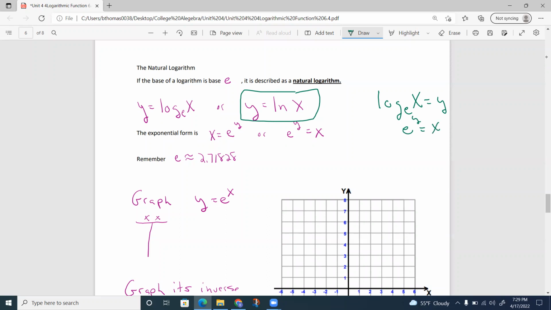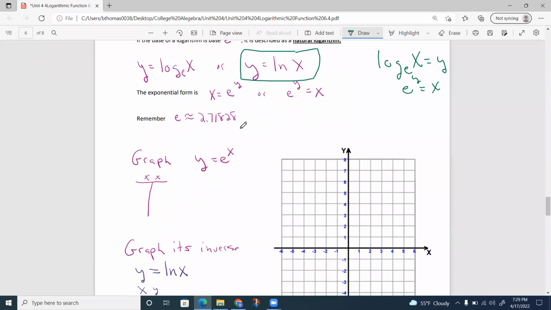Remember, e is the base, y is the exponent, and then the x forms the other side of the equation. So either one of these is going to be used as the exponential form. And remember, e also represents this number 2.718, that approximation.